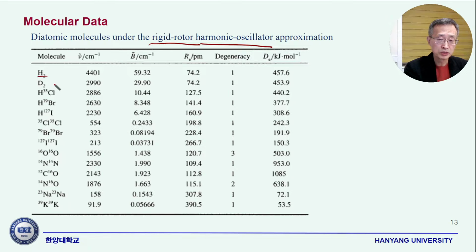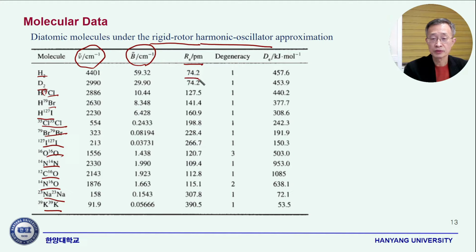The molecules include H2, D2, H35Cl, HBr, HI, Cl2, Br2, I2, O2, N2, CO, NO, Na2, K2, and for these molecules, the table gives the fundamental vibrational wave number, the rotational constant, and the equilibrium bond length.